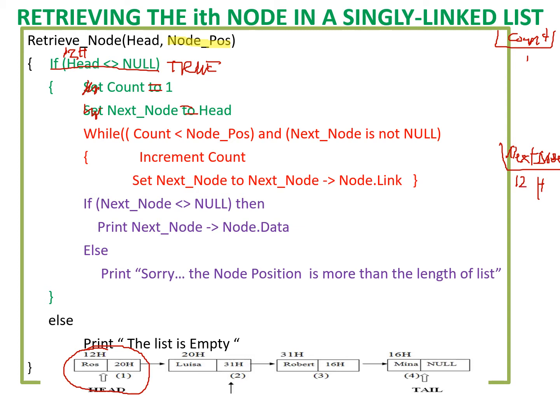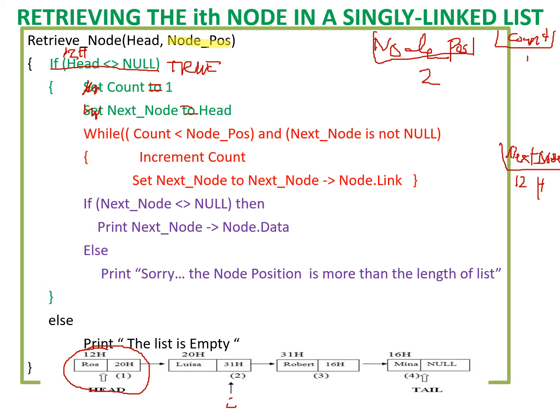Next, while count is less than node pos. What's the value of our node pos? Let us say we want to retrieve the second element, so that would be our i. Node pos is now equal to 2.